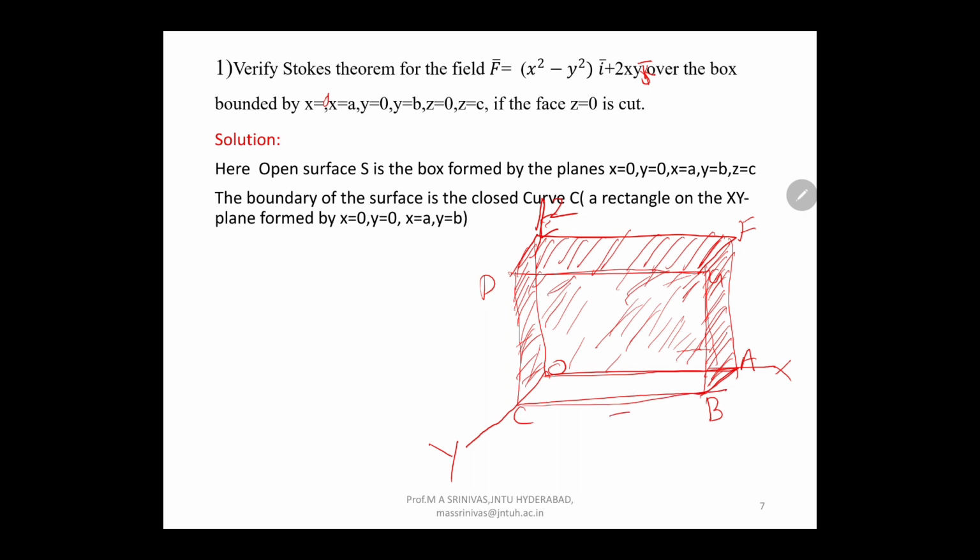This is z equal to 0, the xy plane. This plane is the yz plane, that is x equal to 0. And this backside plane is the xz plane, where y equal to 0.